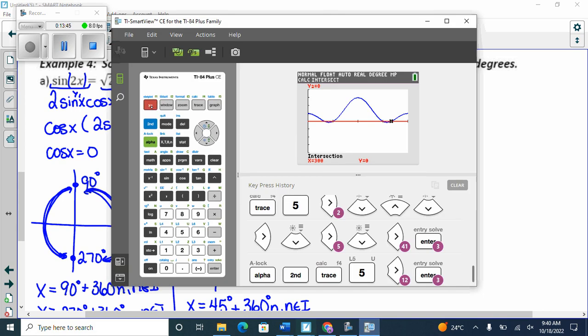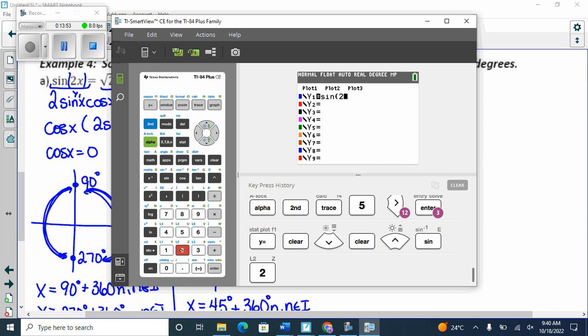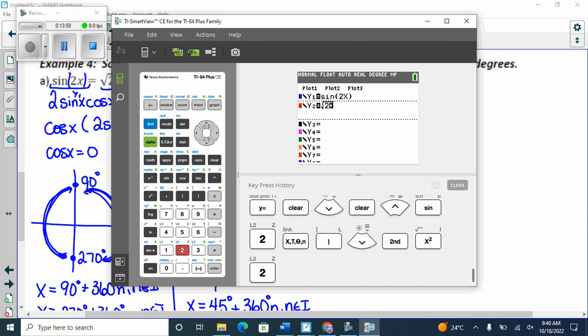In my Y1, I'm going to go sine 2x. In my Y2, I'm going to go root 2 cos x.